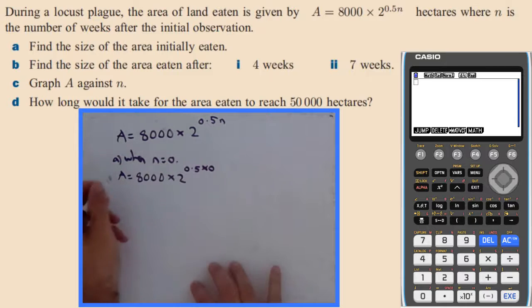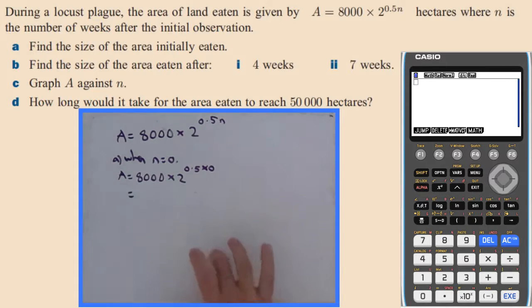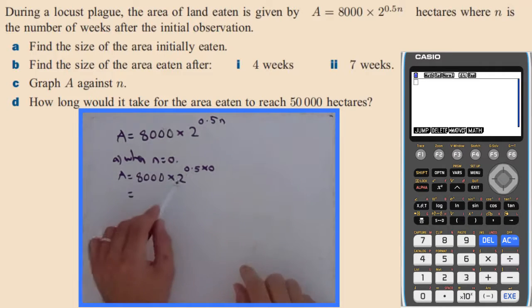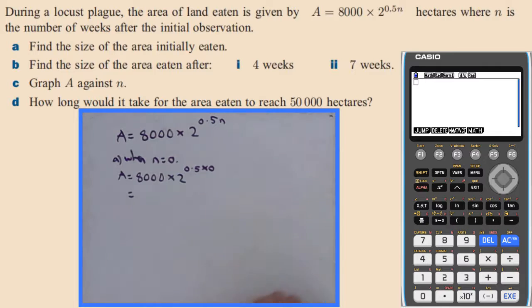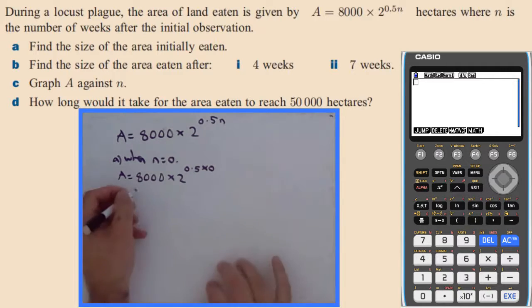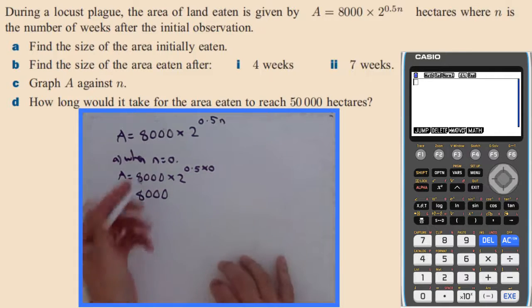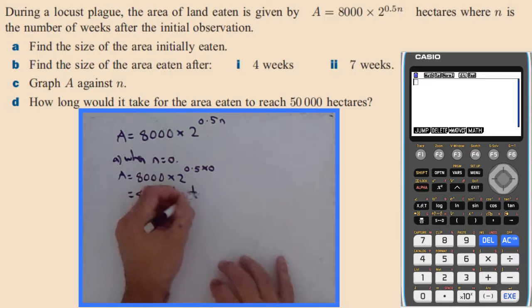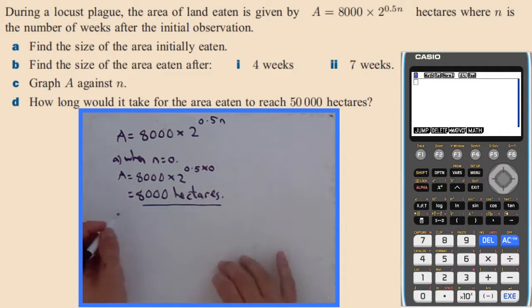You shouldn't really need a calculator for that, because 0.5 times 0 is 0. 2 to the power 0 is 1, because anything to the power 0 is 1, apart from potentially 0. So 8,000 times 1 is 8,000, and that is hectares. 8,000 hectares, the initial area.